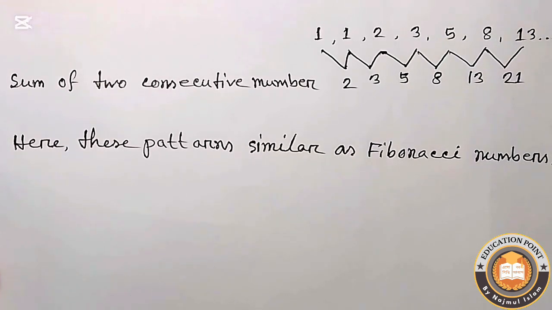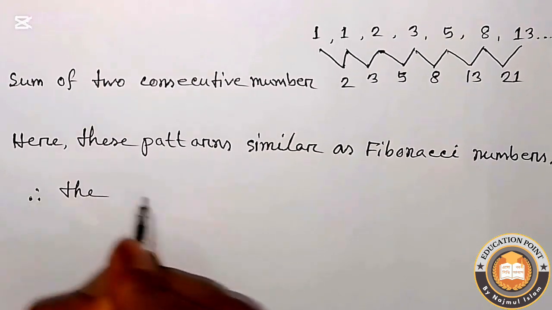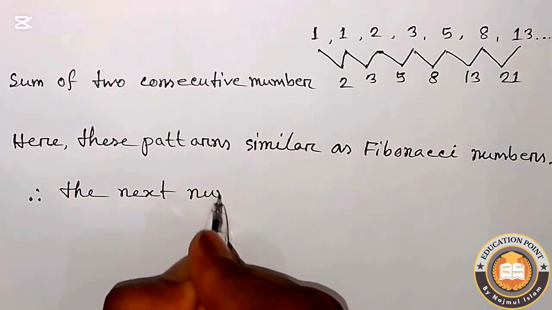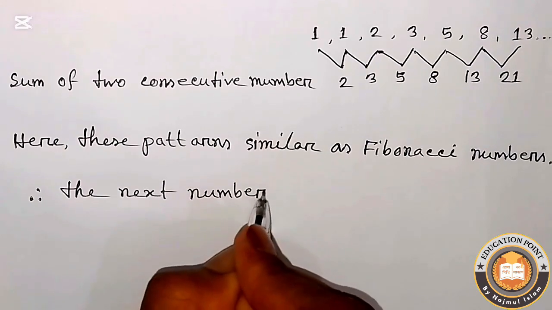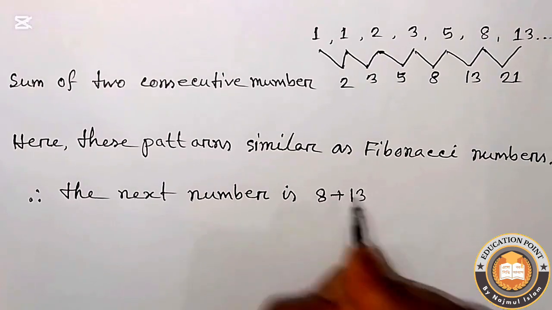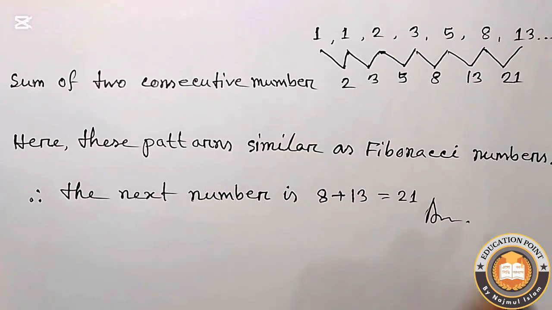We know that the sum of two consecutive numbers giving the next number is called a Fibonacci number. So the next number is 8 plus 13 equals 21.